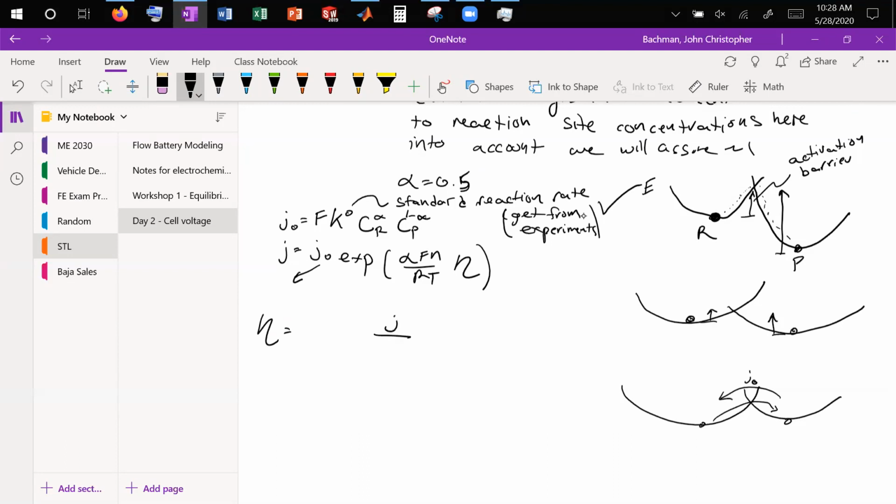So we'll have a current density, current per area, divided by J naught, and we're going to have the natural log of this term, times RT over alpha Fn. And this is called the Tafel equation. This is for large overpotentials.